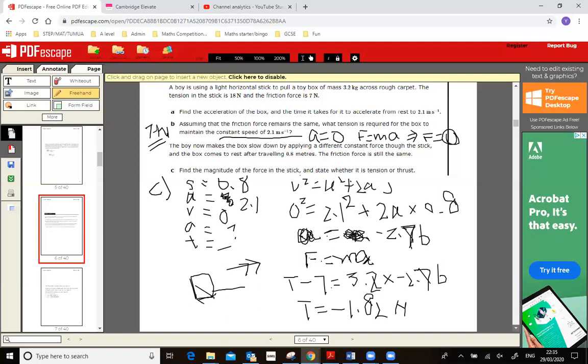So that means a force is acting onto the object in this direction towards the left. So there must be a thrust instead of tension, because if it's tension, it has to pull in the same direction as motion, which means towards the right-hand side, but thrust would go in the opposite direction, which is the left-hand side. Okay, I give up on writing. You should be able to understand this.